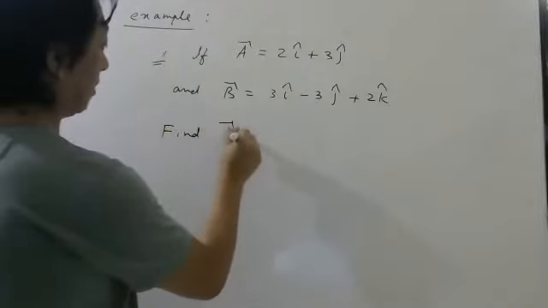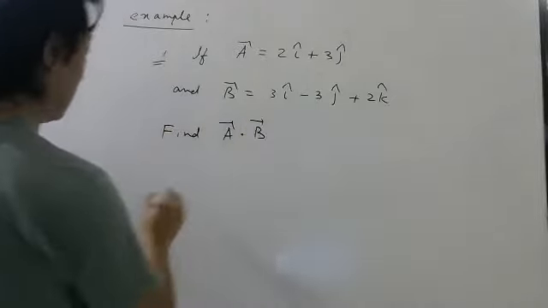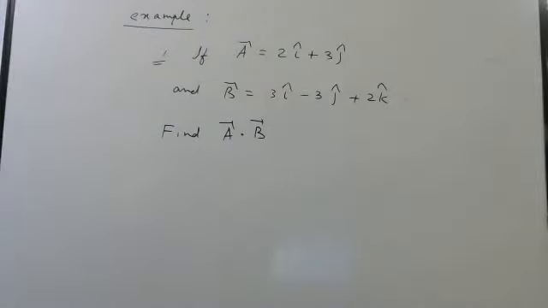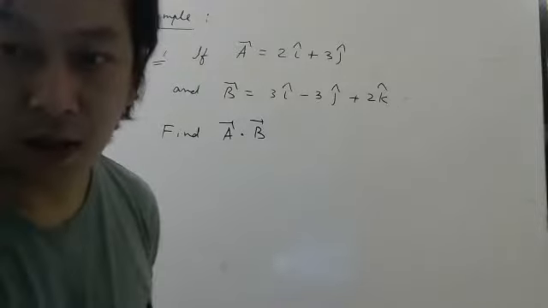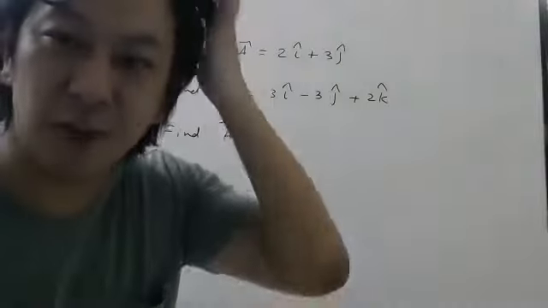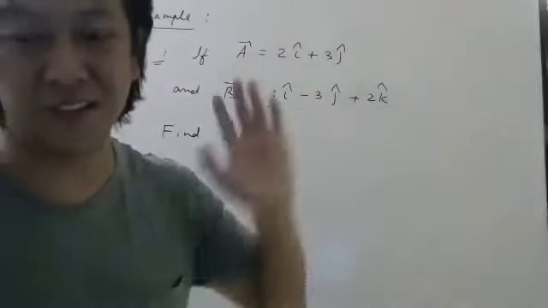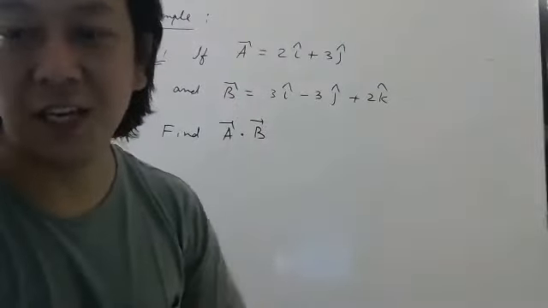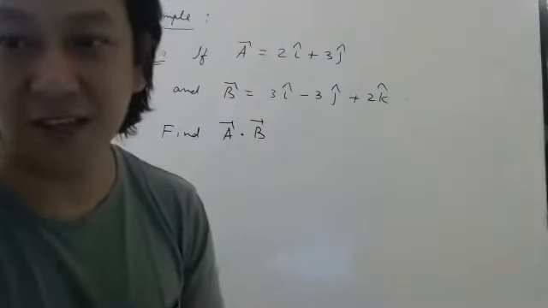Find A bar dot B bar. This one you try. Units we are not worried about right now, because which quantity have I not mentioned. We just wrote two vectors. Later when we do physics, if it is work done, we will write joules. If it is power, we will write watt.